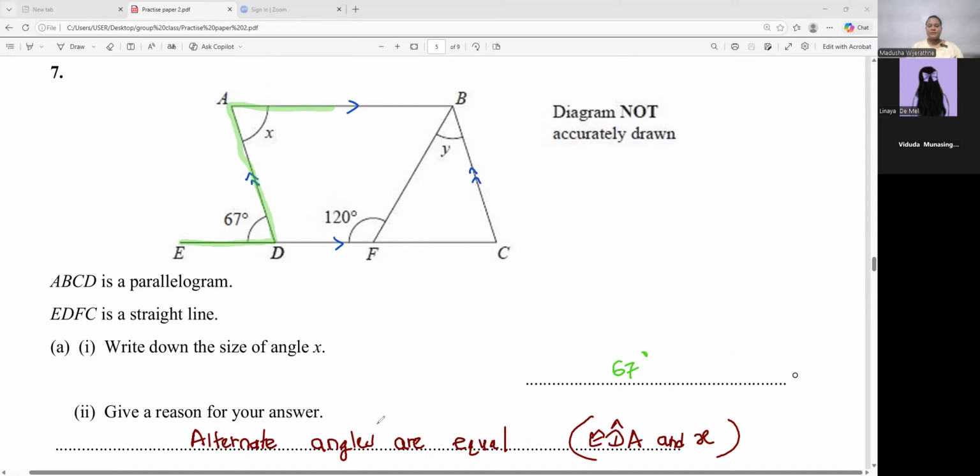These are the two alternate angles. EF and AB are parallel. Therefore, EDA and X are alternate angles. Like that. They only check for the words alternate angles. So for writing the reason, 1 mark. Writing the angle as 67, 1 mark.